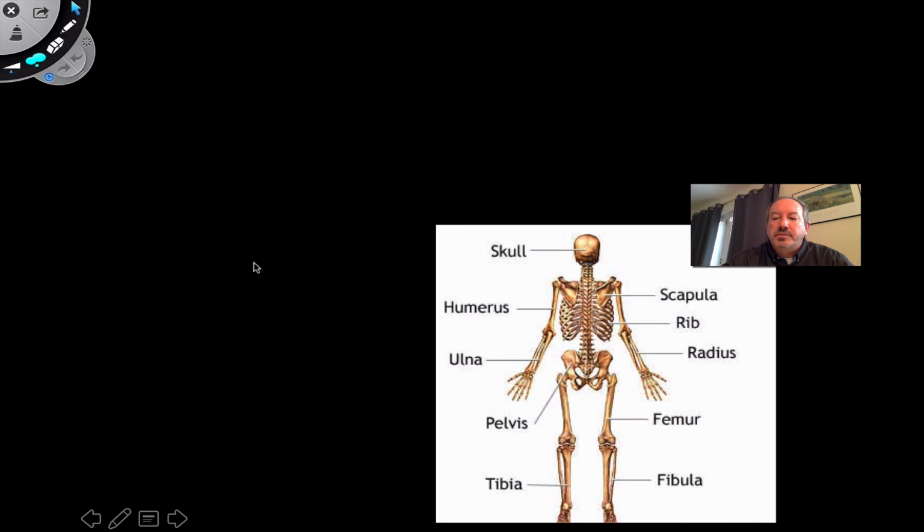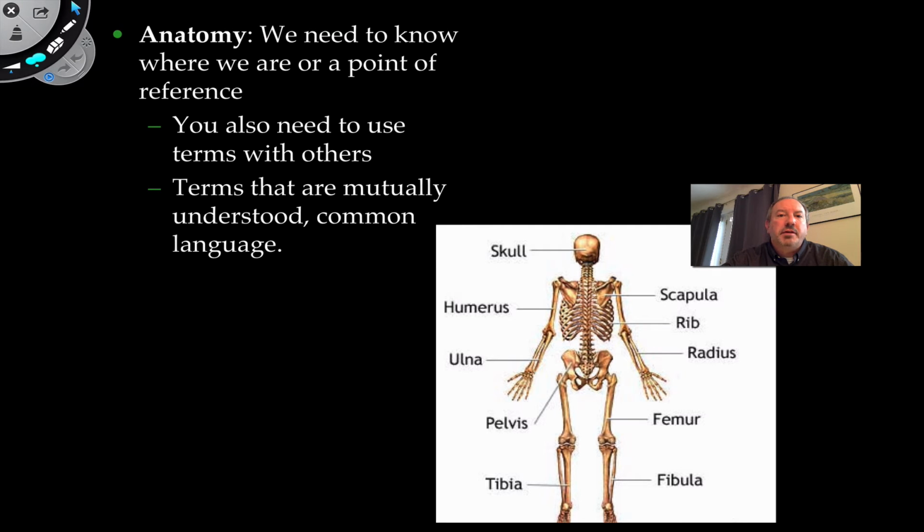So, anatomy and physiology. And again, we can go down and look at the humerus, which is your upper arm, and your lower arm, the ulna and radius. But what we have to consider is that we all have to be using, and when I say we, I mean internationally, we all have to be talking about the same structure so there's no confusion in the medical field about what we're talking about.